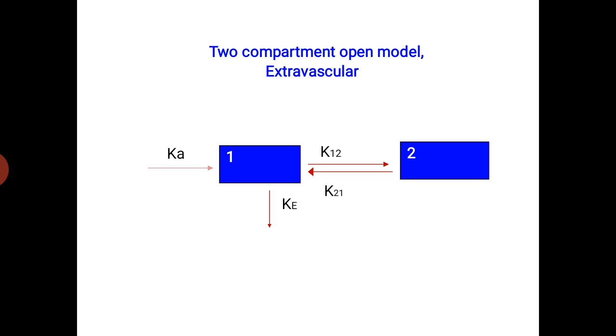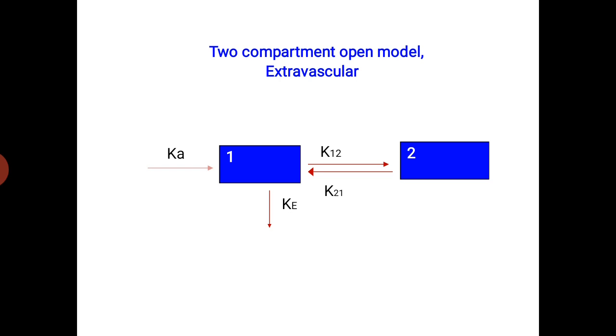Now the drug is moving from the central to the peripheral compartment at the rate K12 Xc, plus the drug is moving from the peripheral to the central compartment, that is K21 Xp, and minus the drug is eliminating from the central compartment, that is Ke Xc.